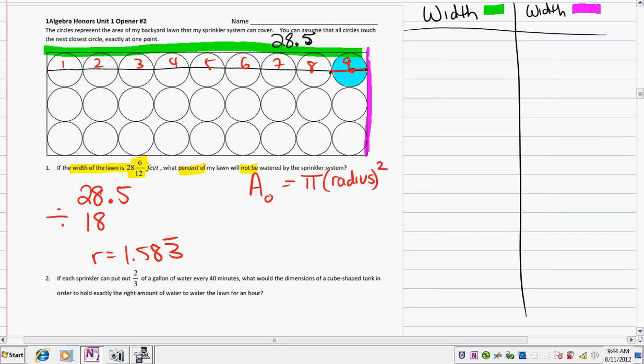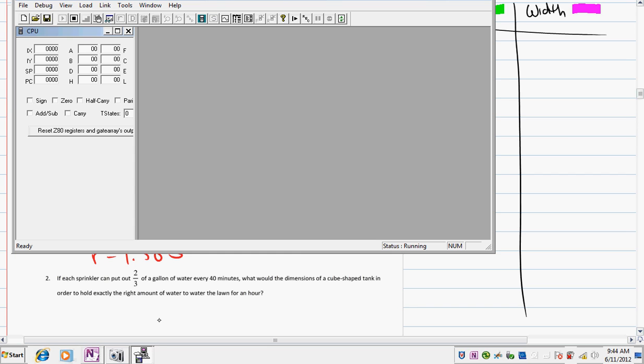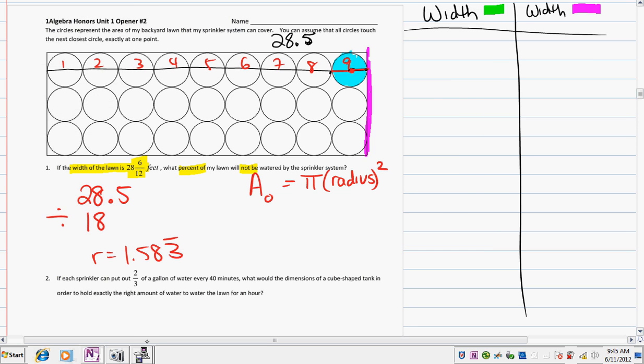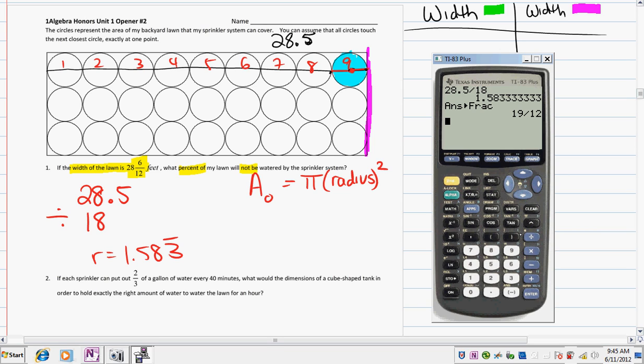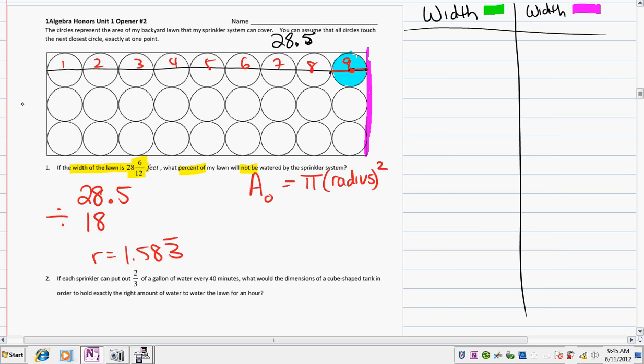And I can also use that to find the width, right? Because I have 1 radius, 2, 3, 4, 5, 6. I have 3 circles going down. So I know I have six 19/12s, which times 6 is 9 and 1/2. So this is 9.5 going down.